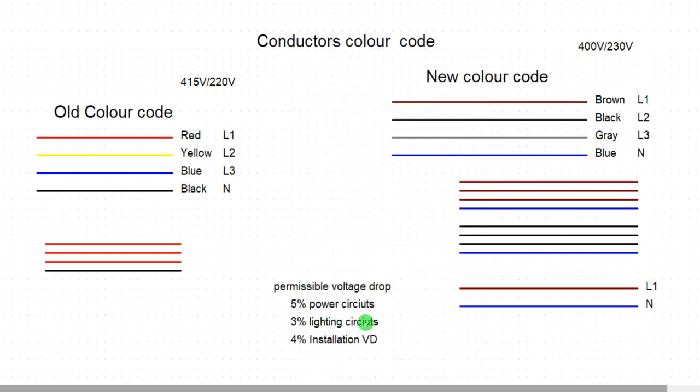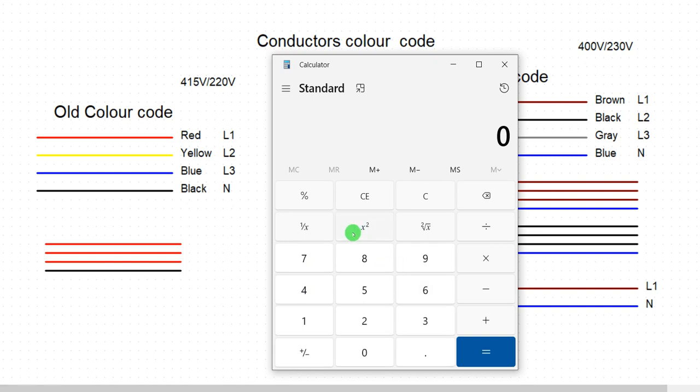So the same thing here is for your lighting circuit, it's going to be 3%. So 3% of, if I have 400 volts, I say okay, divided by 100 times 3. So if I'm working with lighting circuit, my voltage drop shouldn't exceed 12 volts. Remember, it was 20 volts when we are working with 400 volts for power circuit.